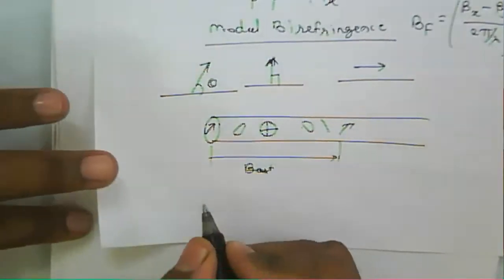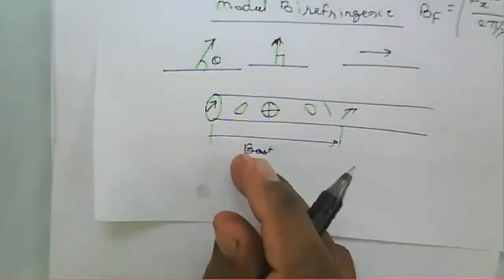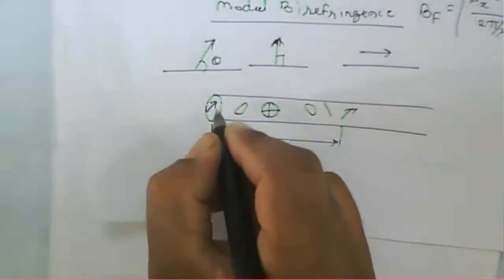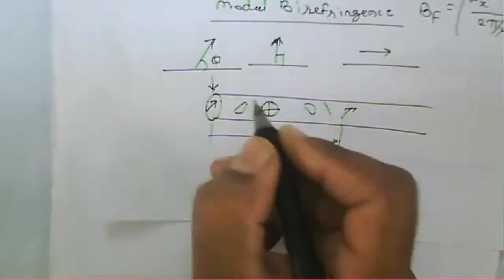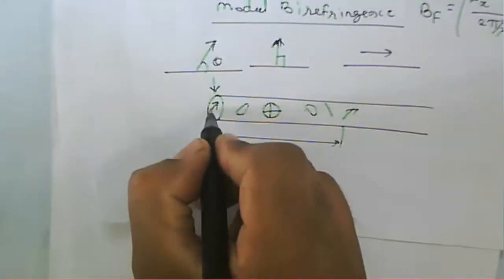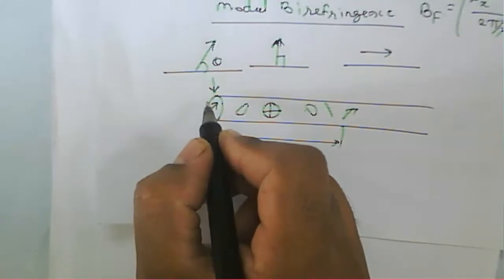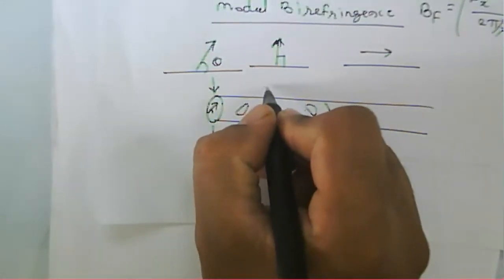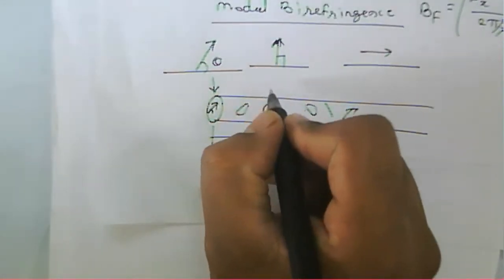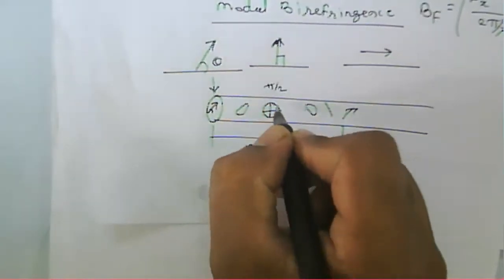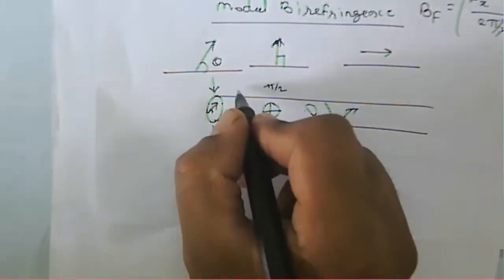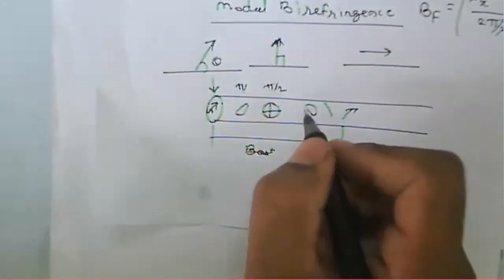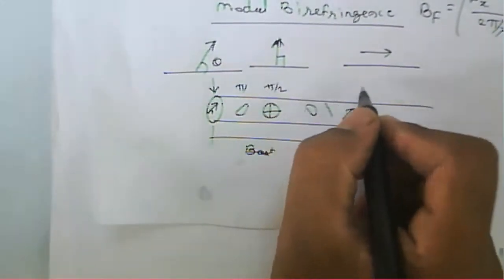That is from the observer's point. The ray makes an angle theta here, but at some particular distance, at pi by 2, it will become circular. At pi by 4, it will become elliptical in shape, and likewise.